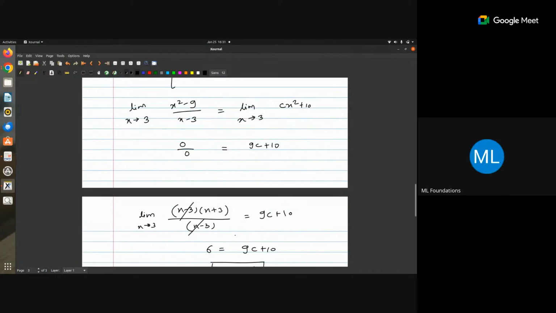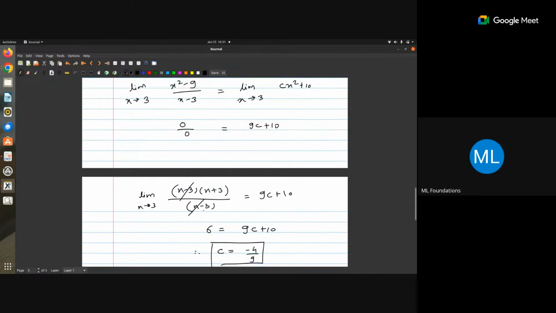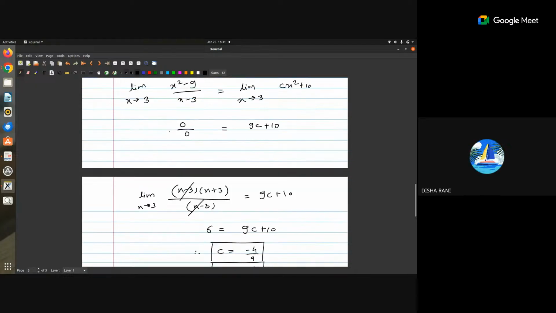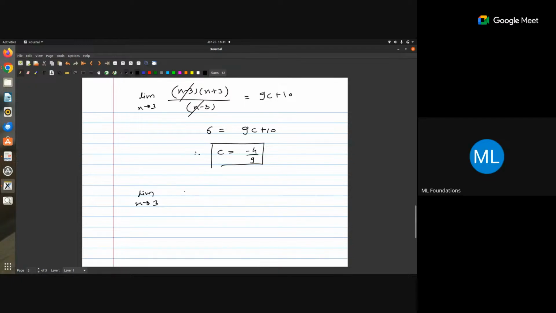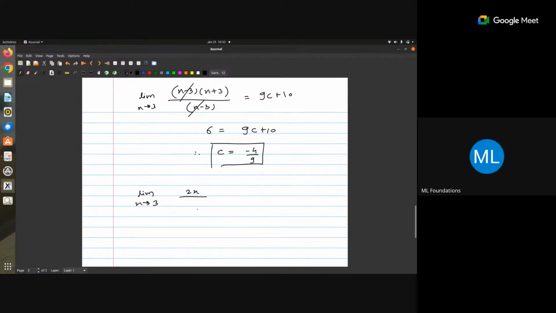The other method, which is widely used, is L'Hopital rule. For indeterminate forms, which are 0 by 0 and infinity by infinity, you separately differentiate the numerator and the denominator with respect to x. Here, x square minus 9 differentiates to 2x in the numerator, and in the denominator it is 1.